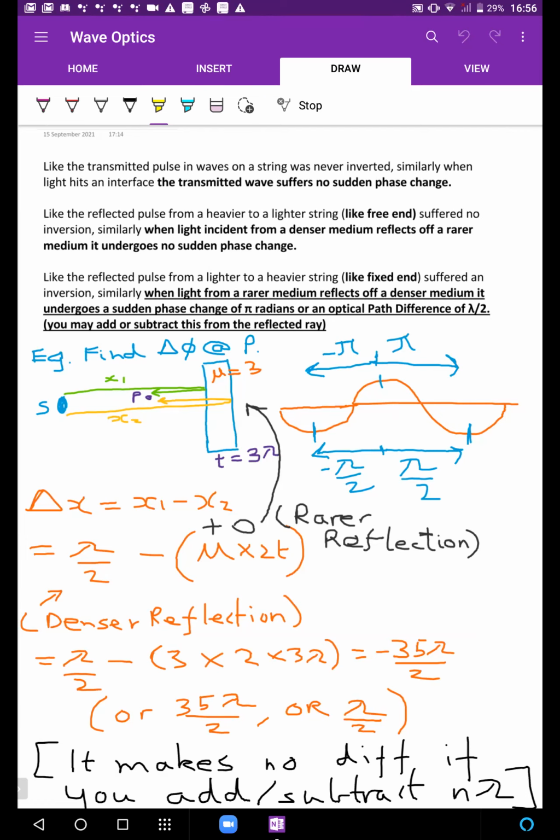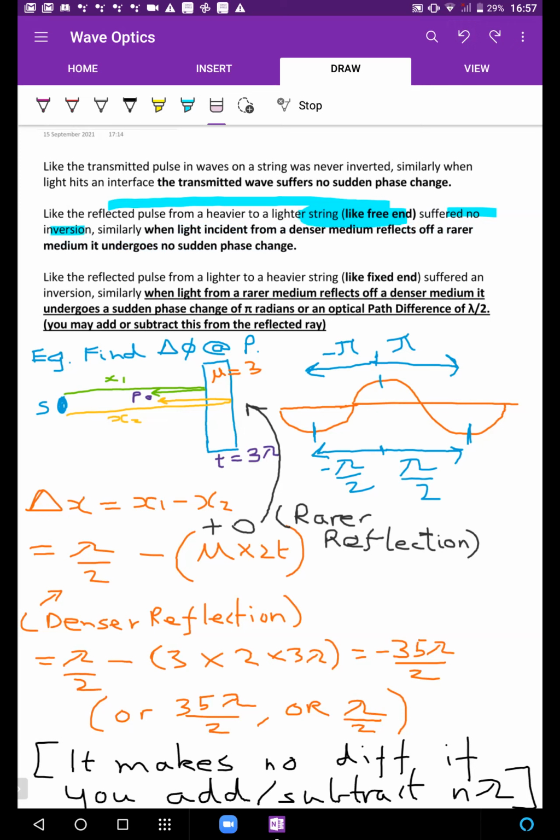So when light passes from one medium to another, like the transmitted pulse in waves never got inverted, वैसा ही यहाँ पे the transmitted wave never has a phase change. तो ट्रांसमिशन के कारण कोई फेस चेंज नहीं आता है. फिर like उधर reflected pulse from a lighter free end वाला string suffers no inversion, वैसा ही light reflecting off a rarer medium undergoes no inversion. तो denser से rarer जाओगे और तब रिफ्लेक्शन होगा, यानी reflecting off a rarer medium, तभी कोई इन्वर्जन नहीं होगा.